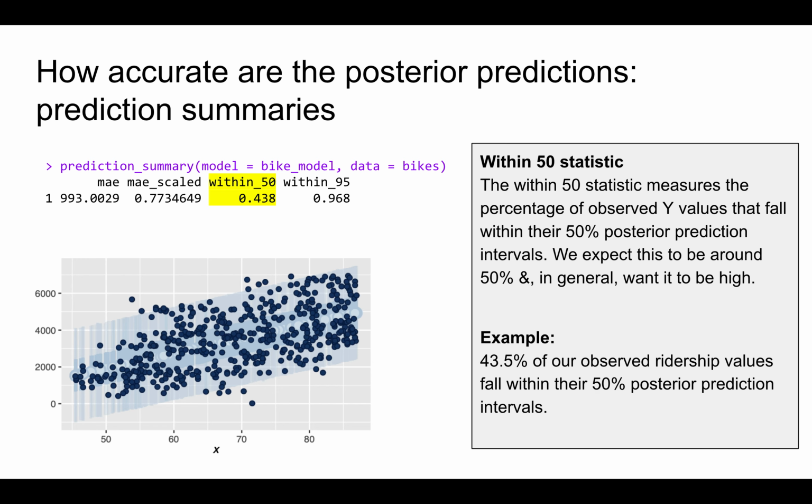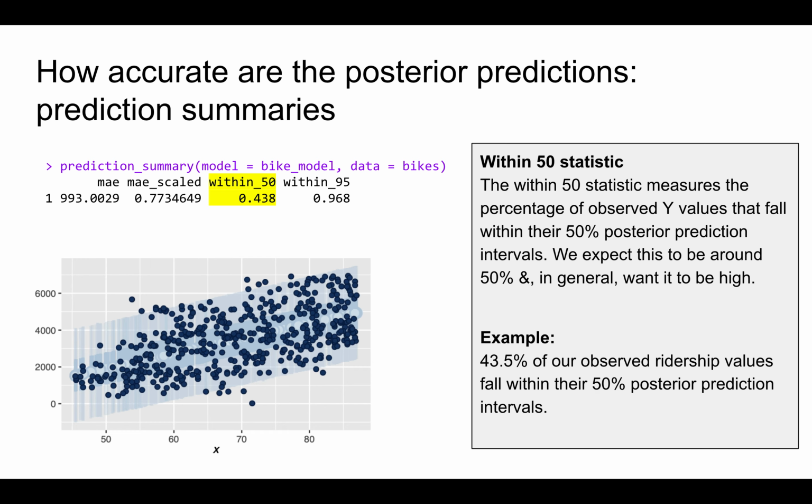Finally, consider the within 50 and within 95 statistics. The within 50 statistic measures the percentage of observed y values that fall within their 50% posterior prediction intervals. We expect this to be around 50%, and in general want it to be high. This would mean that our observed y values fall close to the center of their posterior predictive models.